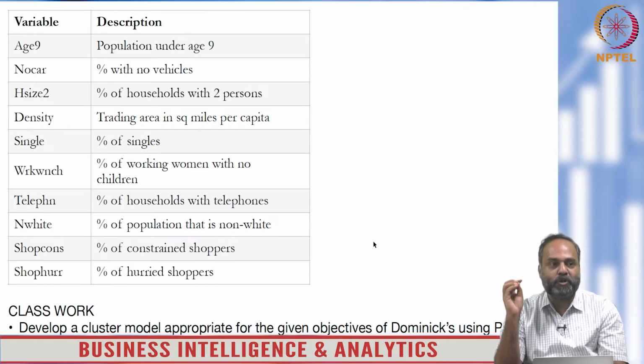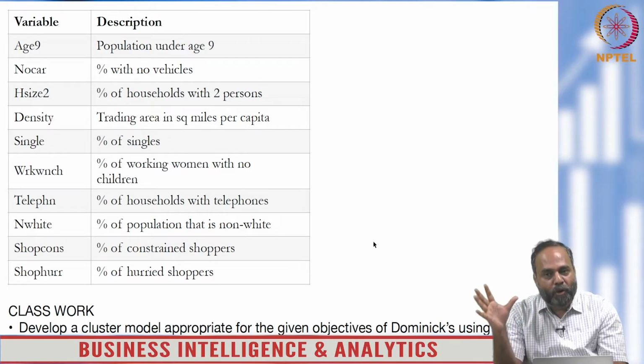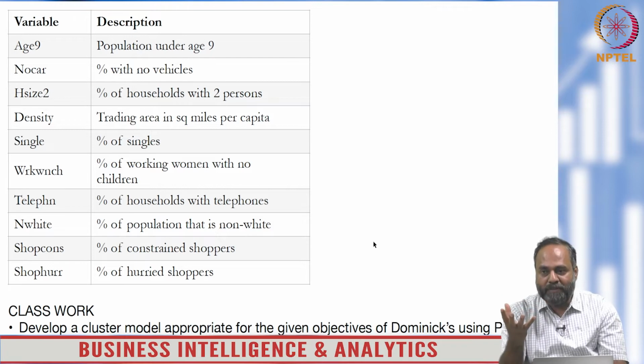Who are constrained shoppers? Shoppers who are constrained for money, and they will have a particular behavior. So, they expect that certain shops or shopping areas will be characterized by a demography where customers are constrained.